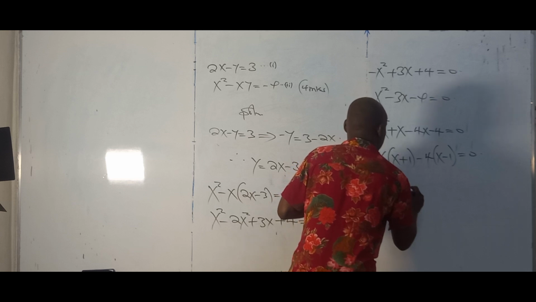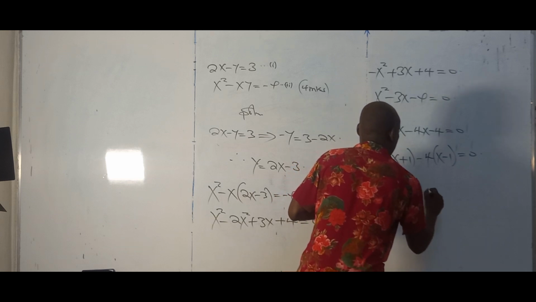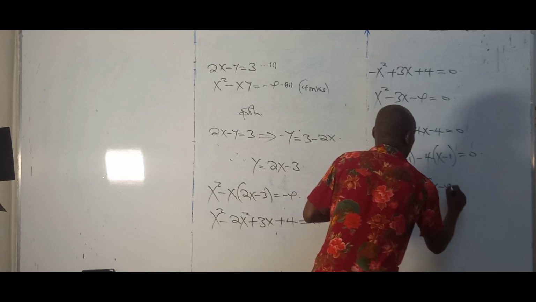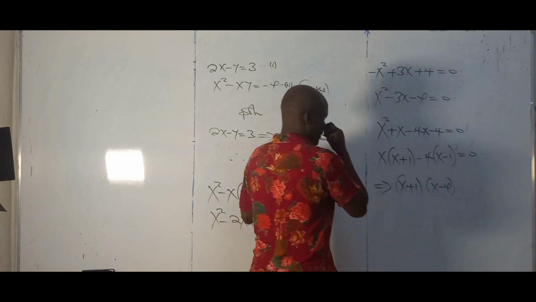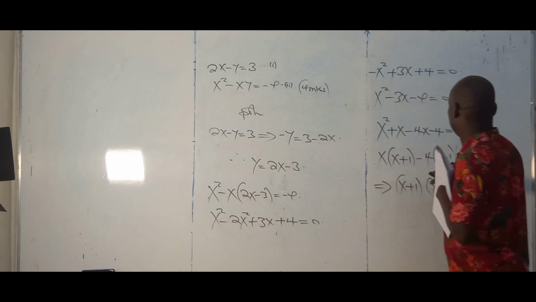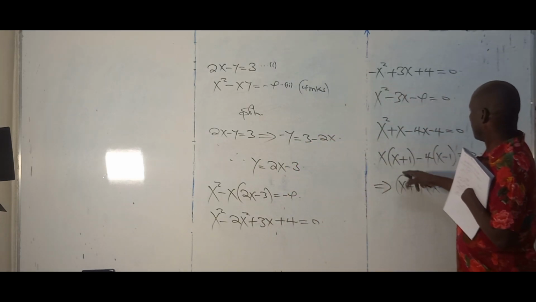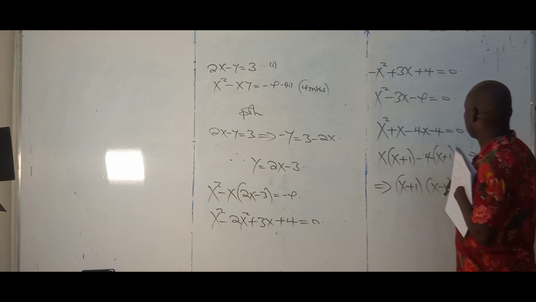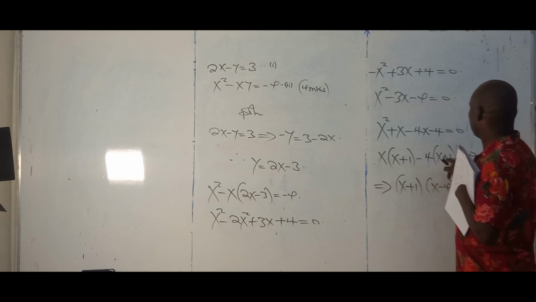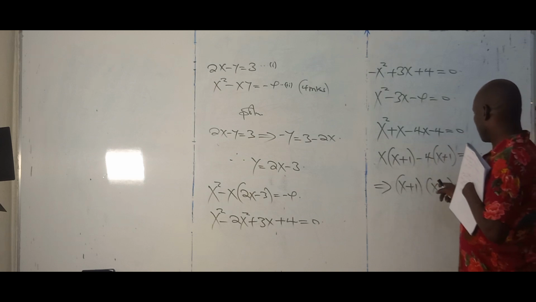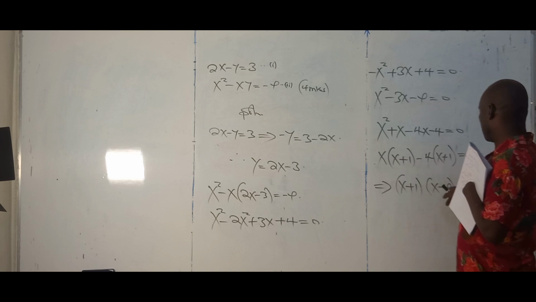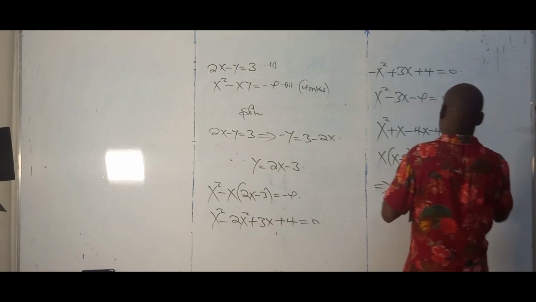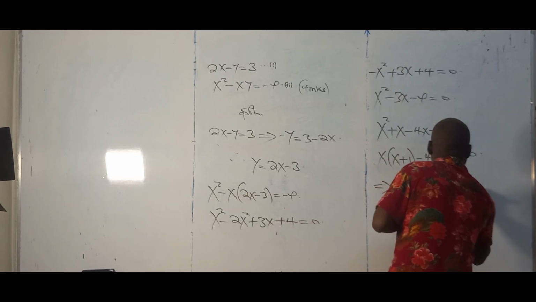So for me to get a minus 4 here, this has to be a plus 1, so that minus 4 times positive 1 gives you minus 4. So it is x plus 1 and x minus 4 is equal to 0.